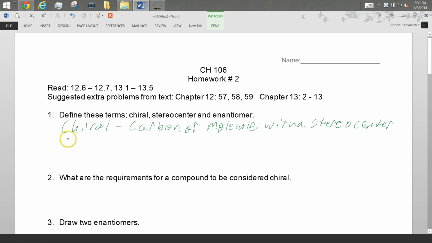Okay, and the stereocenter? Geometric isomer. It's not a geometric isomer. Oh, okay. Geometric isomer deals with what? Double bonds, yes. So what's your requirement for something to be considered a stereocenter? Four different connections. A carbon connected to four different things, right?